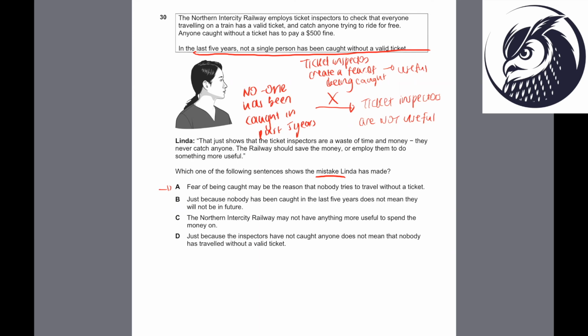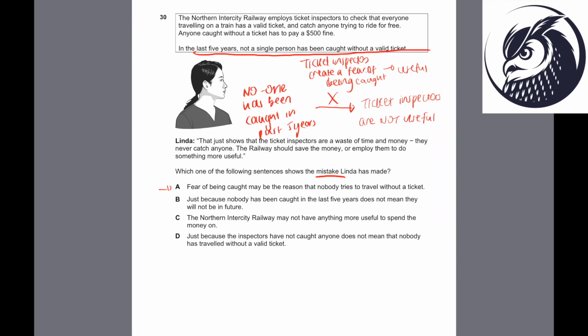And we have very much attacked the logic in Linda's argument. She's saying they're not useful because no one is being caught. But maybe the reason no one's been caught is because these ticket inspectors create a sense of fear of being caught and therefore prevent anyone from trying to travel without a ticket.